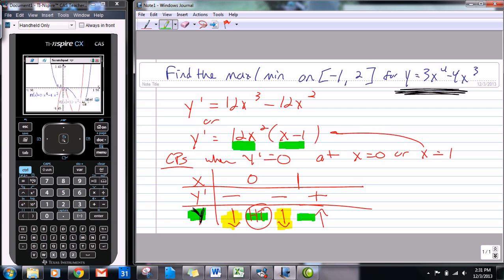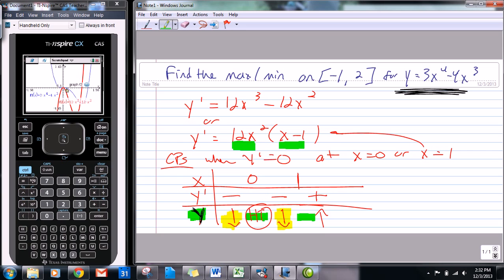Okay? At 1, we have something interesting happening. At x equals 1, we have a change in the behavior of the function from decreasing to increasing, or a change in the derivative from negative to positive. And so you can see that the function decreases up until 1 and then increases. So what's happening at 1?